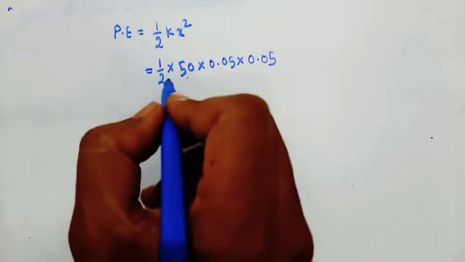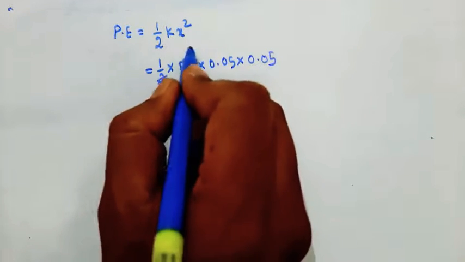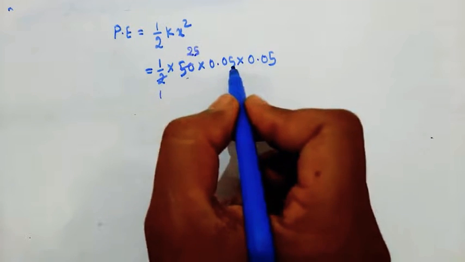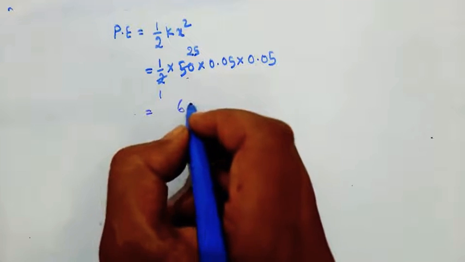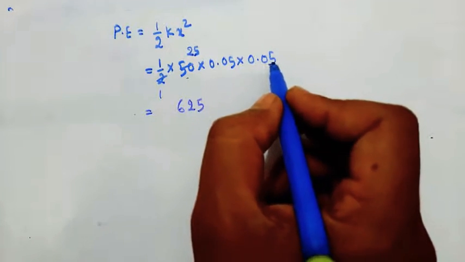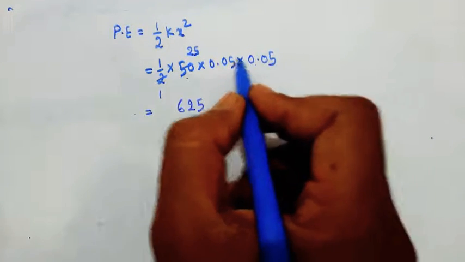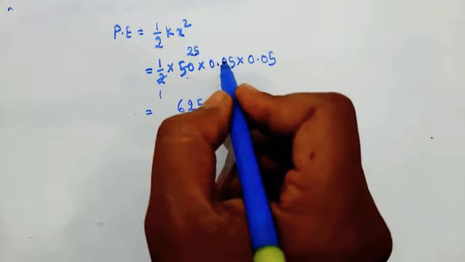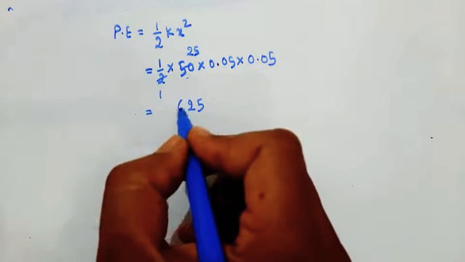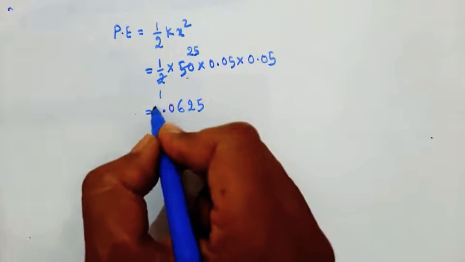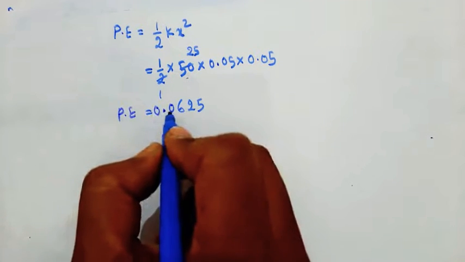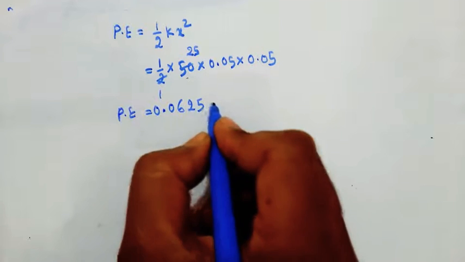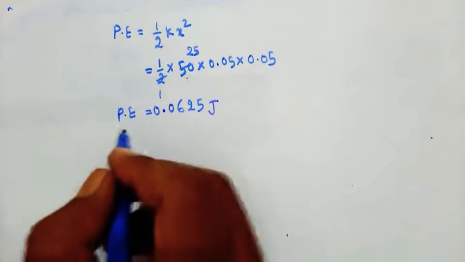So 5 fives are 25, 25 twenty-fives are 625. Here it is 2 digits, here also 2 digits, so 4 digits, and we have to take the point. So the potential energy is 0.0625 joules.